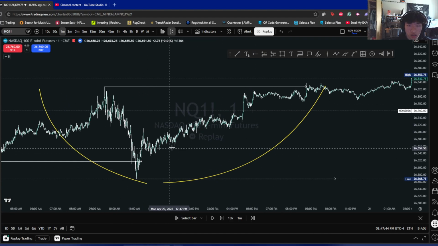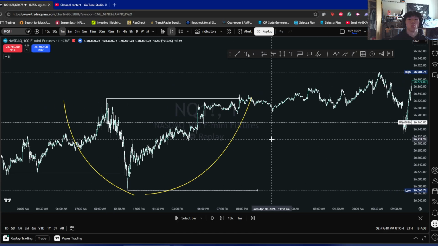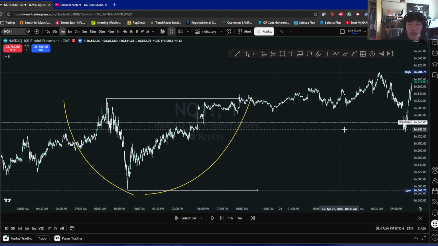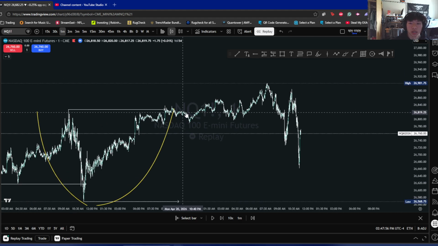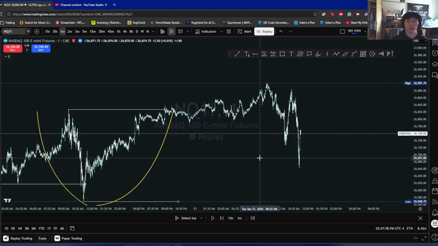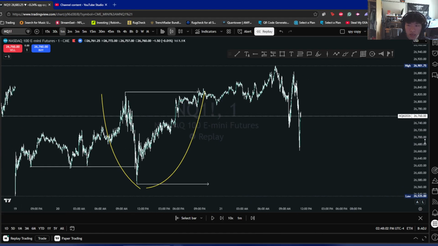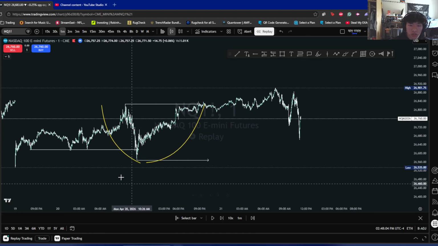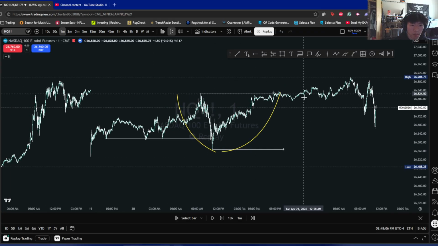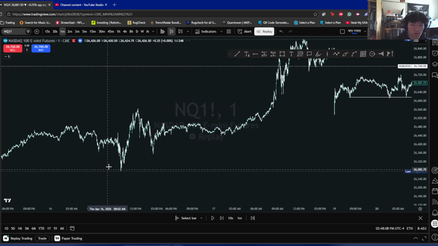As you can see here, price comes up, takes out all of this liquidity, and once an objective of a market maker buy model or market maker sell model is completed, you can expect to see consolidation as the market prepares for the next model. Okay, and again, there are models within models within models.